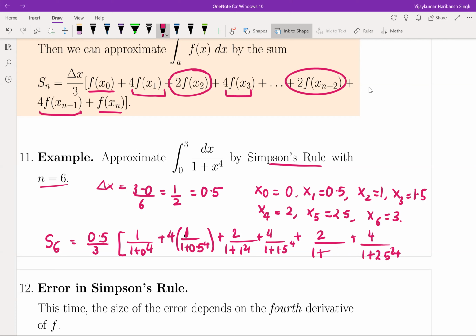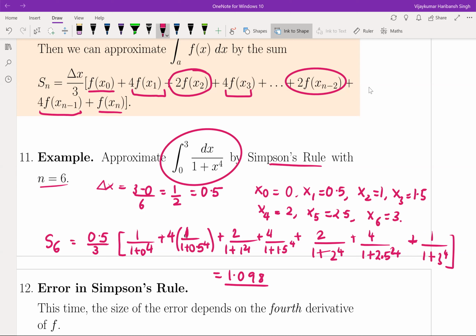And then we have again plus 2 times. So we got 4, 2, 4, 2, 4, and then the last one will be as it is, 1 upon 1 plus 3 to the power 4. And then when you find this value, it's going to be 0.98. So this is an approximation for this integral, which we don't know what the value is.